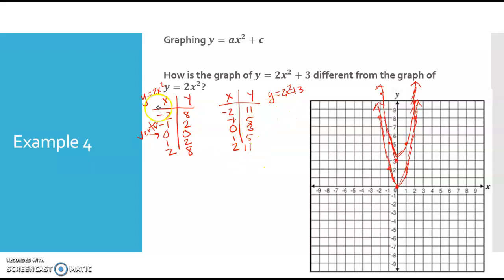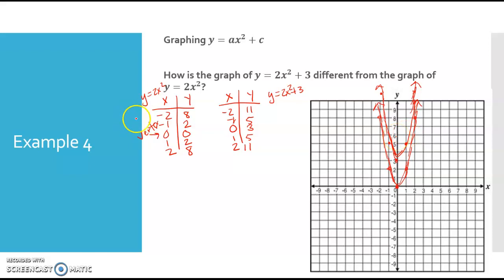This A value is the same for both. So there's no change in my width. What happened to our table, right? Our table increased by 3. What happened to our graph? We shifted up by 3, right?